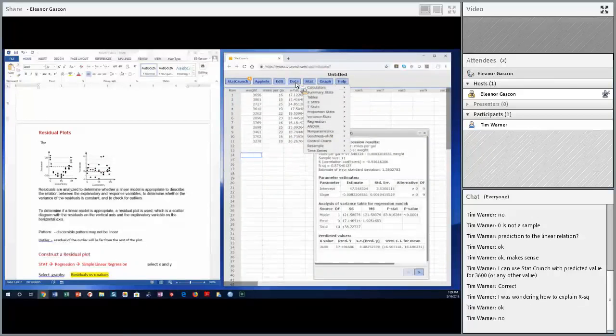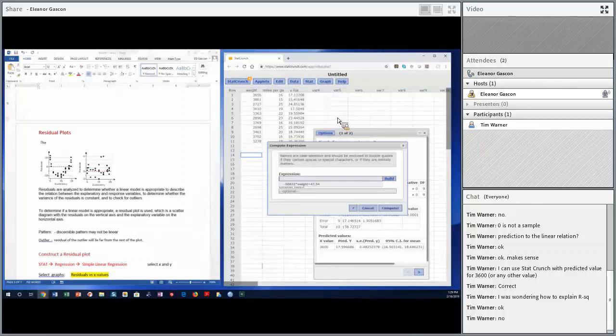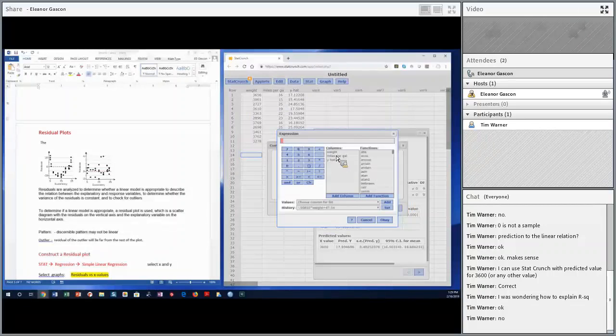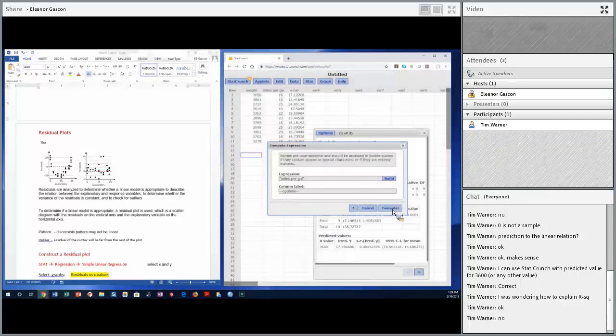So for the residuals that you're going to plot, I go back to Data, Compute, Expression, and build it. It's going to be Y, which is the miles per gallon, minus the Y hat.